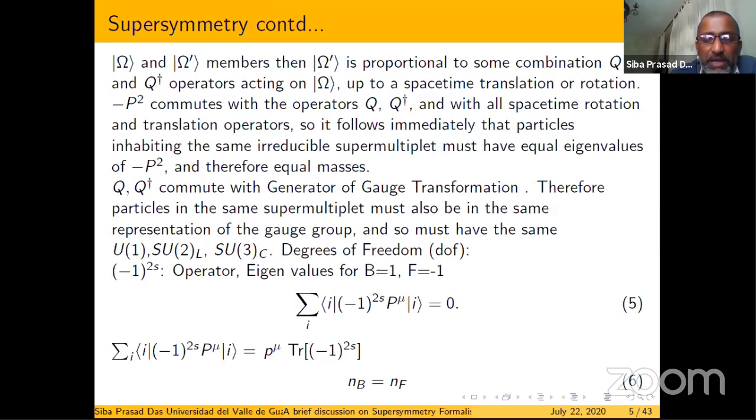If you do the expansion, you will see that I have a trace of (-1)^{2s} p mu, and this gives me 0. Since p mu is not equal to 0, because these are the 4 translations, the only possibility is that the number of bosonic degrees of freedom and the number of fermionic degrees of freedom in a supermultiplet should be the same.